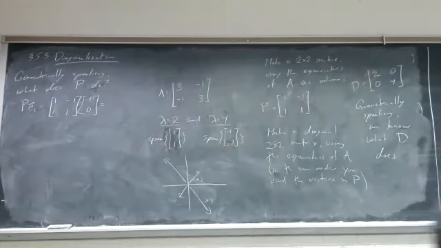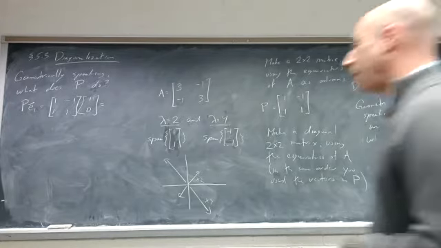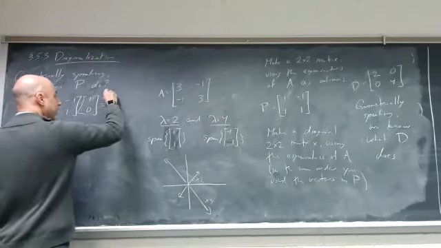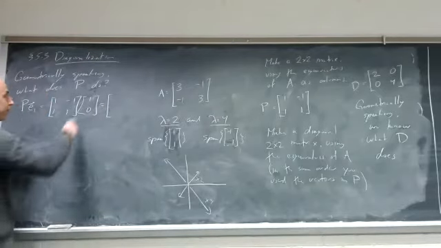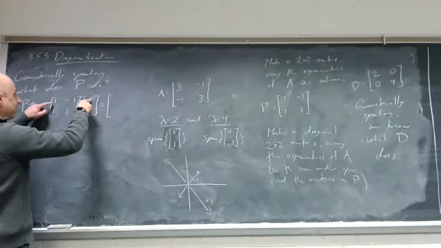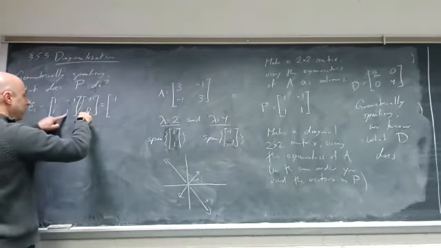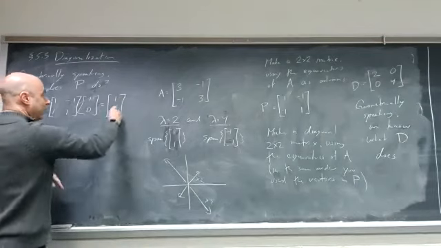You should find it easy to multiply a matrix by a vector. So 1 plus 0, 1 plus 0 is 1, 1.